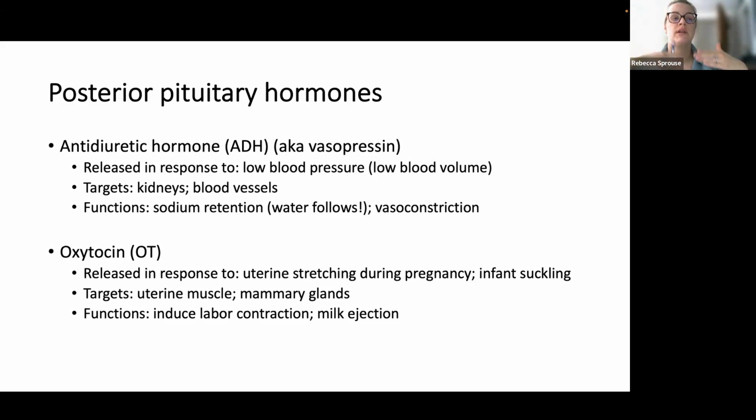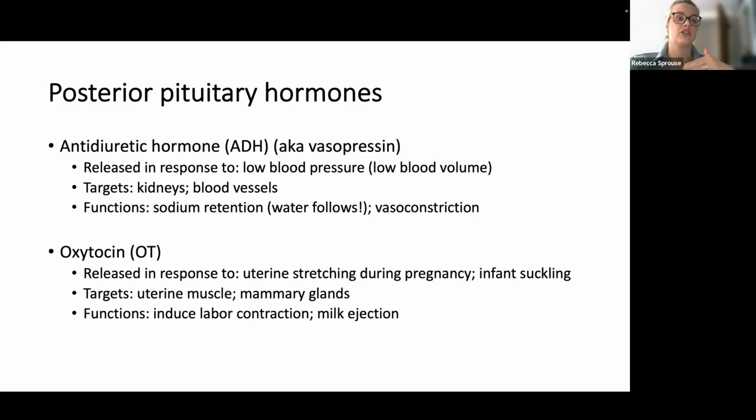And you're going to raise your blood volume, which is then going to raise your blood pressure. And that essentially decreases the amount you urinate, because you're absorbing a lot of the sodium and water that would normally be in your urine, but your body's hanging on to that because it needs it. And so we're reabsorbing that back into the bloodstream.